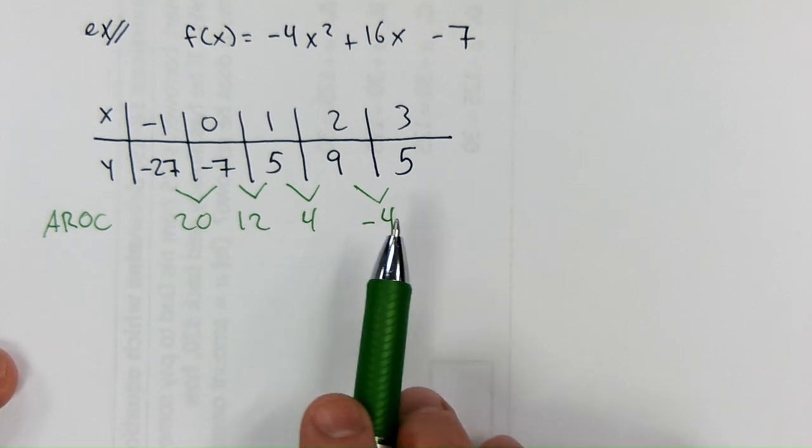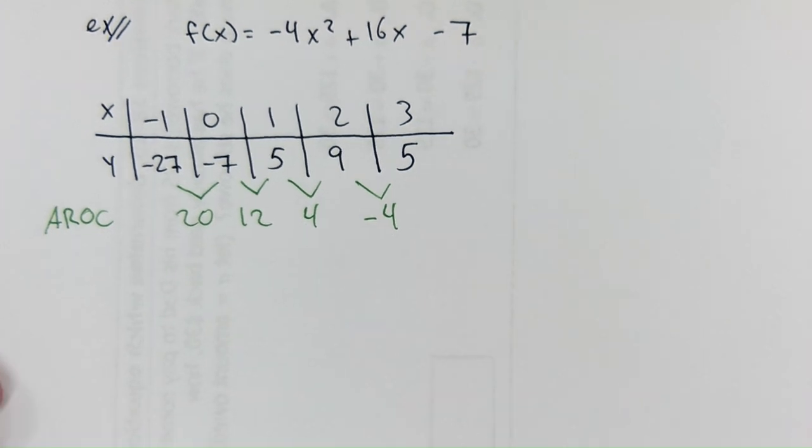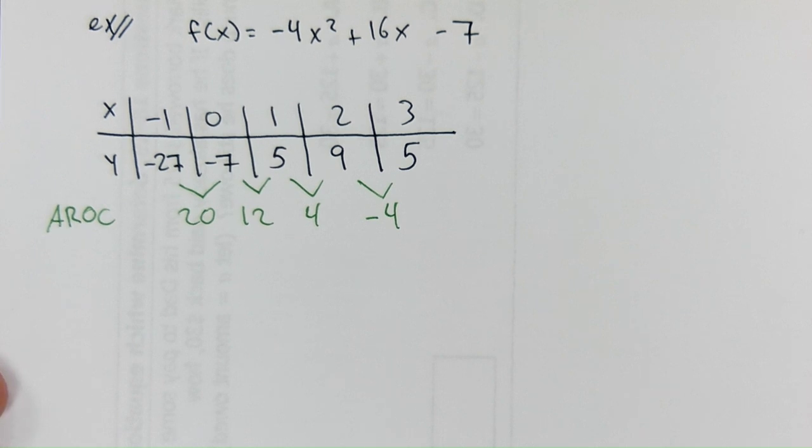Increasing, negative. What does that tell me? What's always going to happen when our rate of change changes from increasing to decreasing and vice versa? Not an inflection point. A turning point.